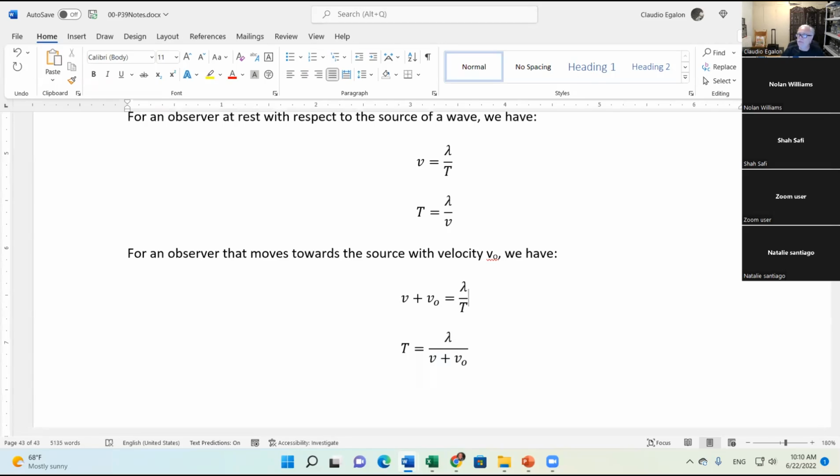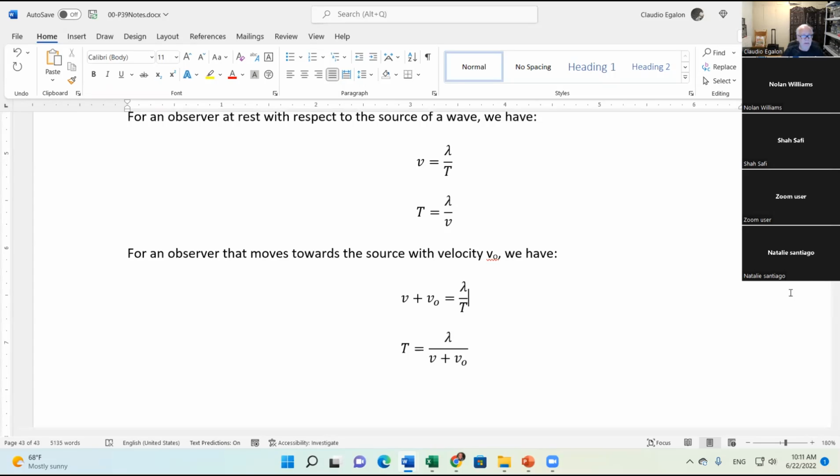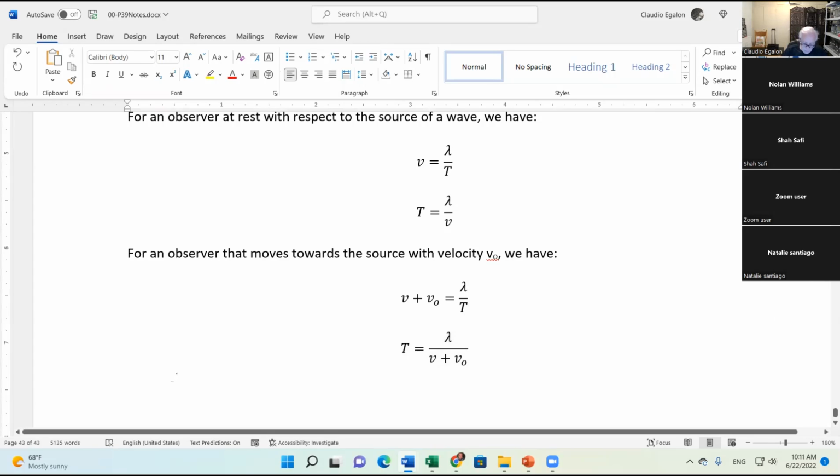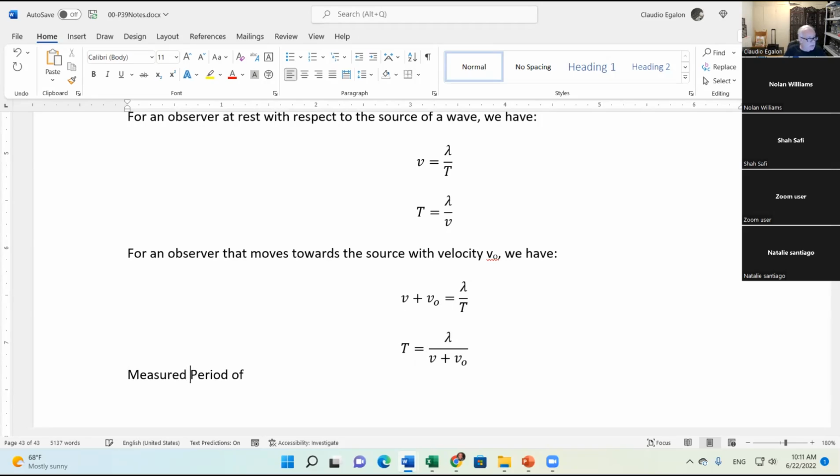That applies not just to regular waves in the sea, water waves, but also to sound waves as well. Okay? So in this case, the measured or perceived period of the wave decreases.